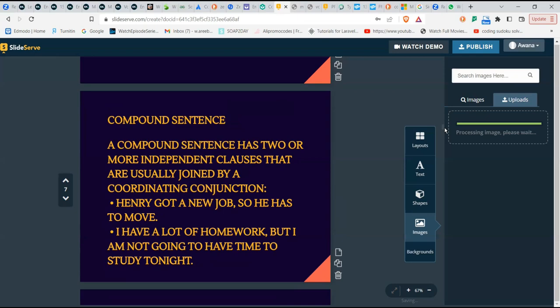So, what are the rules of a compound sentence? It contains two independent clauses which are joined by a coordinating conjunction. Good. Now, please provide me with an example.